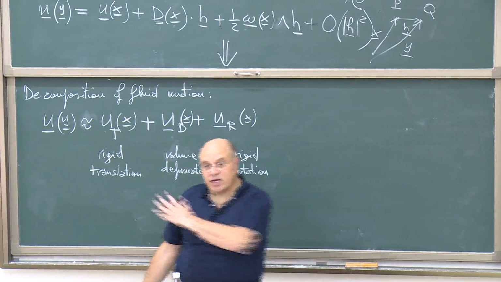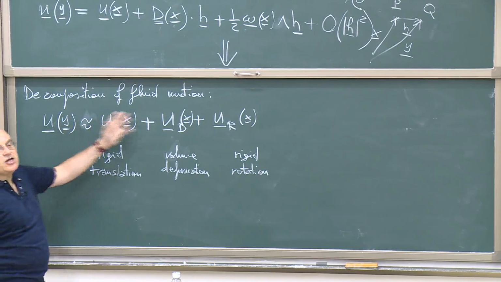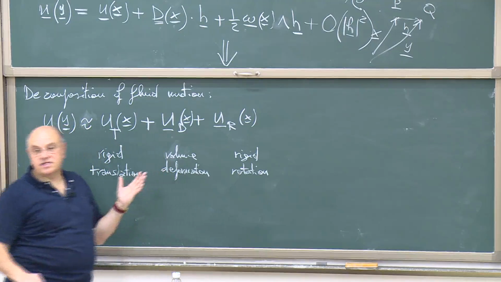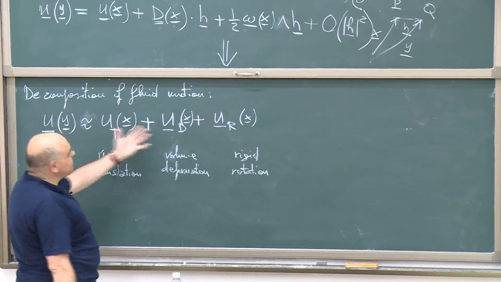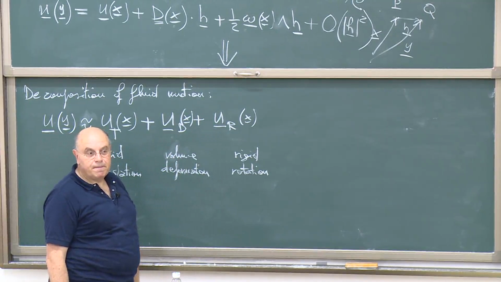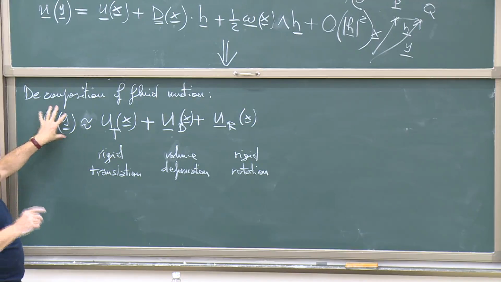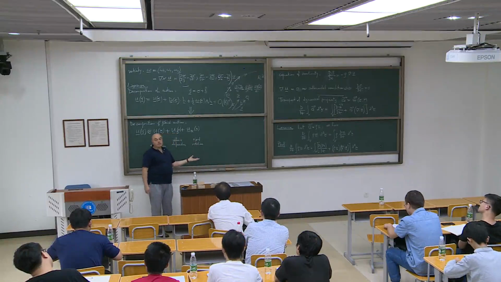Okay, I've been very quick here because what I want to focus on is not only this decomposition, well, this is okay, but I want to start from this decomposition. I want to start from here now. I want to analyze these terms because I want to say that the fluid moves because of the combination of these terms. Some are important, some not.